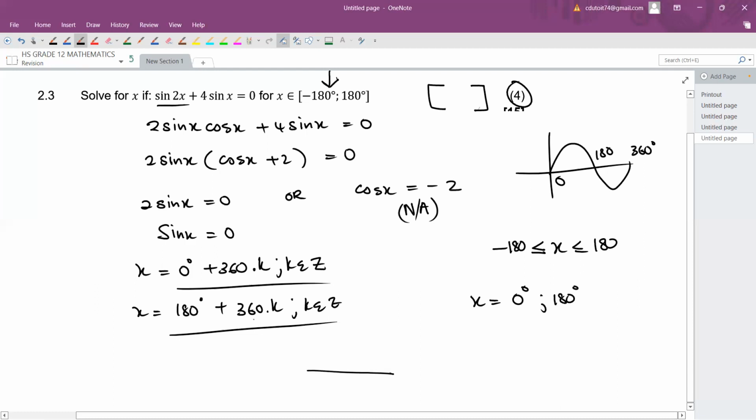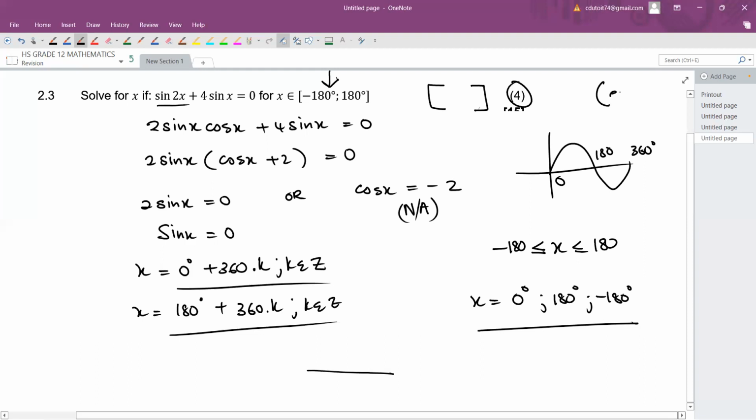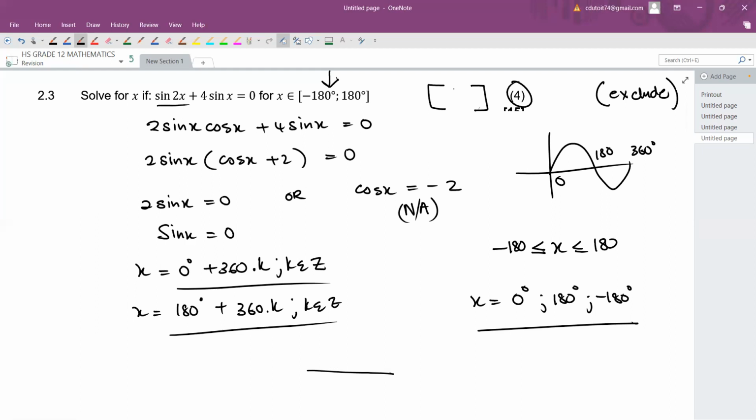If k is minus 1 in the bottom one, I can have negative 180 degrees. Those are the only solutions I can get. So I want to make sure square bracket means including. Yes. Because that rounded bracket means excluding, and square is including. So it includes negative 180 and 180. This wasn't too difficult, was it? This one was easy.